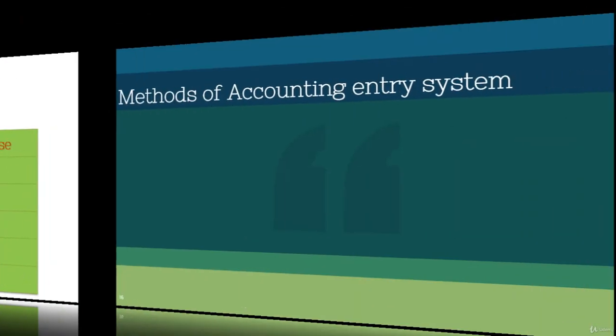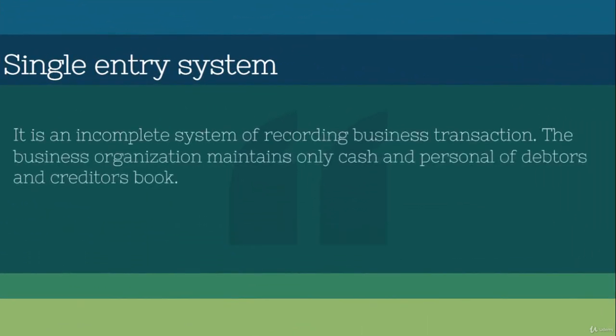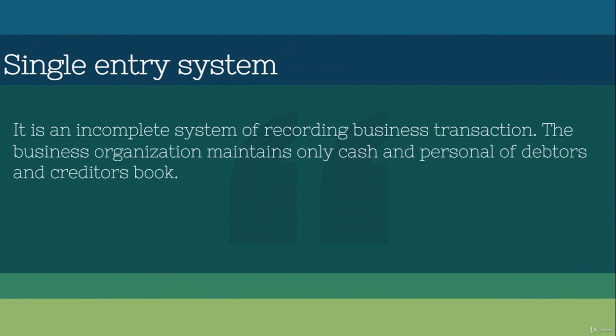Now we are going to look at the methods of the accounting entry system. There are 2 types: single entry system and double entry system. What is a single entry system? A single entry system is an incomplete system, where the company just maintains the cash book and personal accounts of debtors and creditors. That's it.